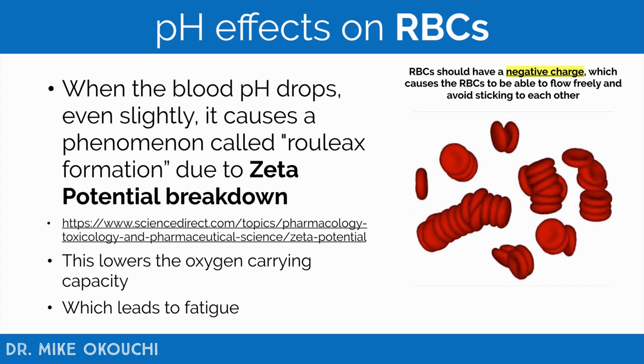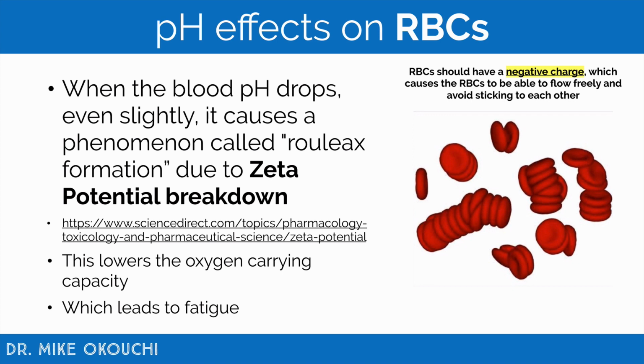When red blood cells start sticking together, you lose the amount of surface area that is available to bind oxygen. Right? So you have less oxygen binding to hemoglobin. And then when these little red blood cells have to travel through the capillaries and it's all clumped together, it's a very difficult situation.